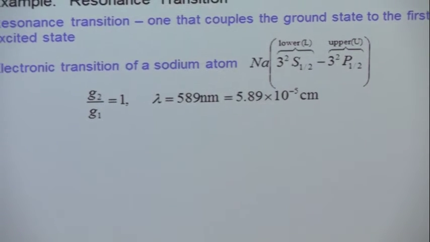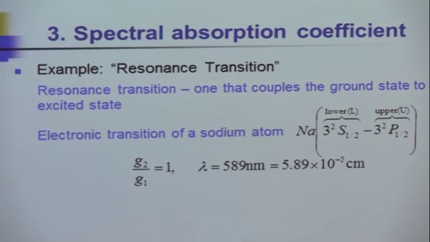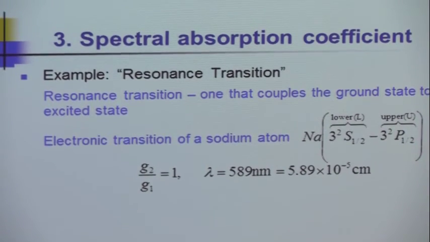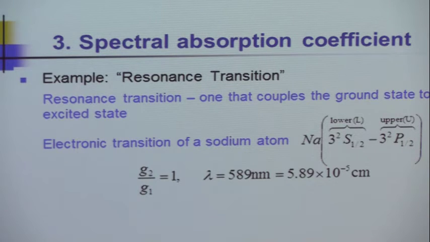I'm going to give you an example of a resonance transition. A resonance transition is one that links the ground state of an atom to the first excited state. That's going to be a strong electronic transition. So if you took a sodium atom, which is in the first column of the periodic table, and you looked at a transition which has this symbolism, which we'll learn about later, that would be this resonance transition.